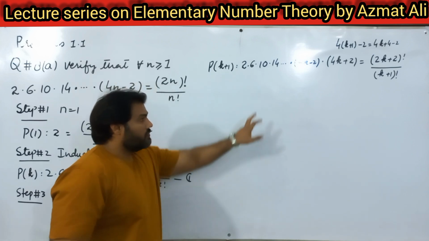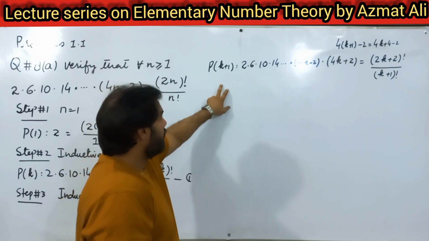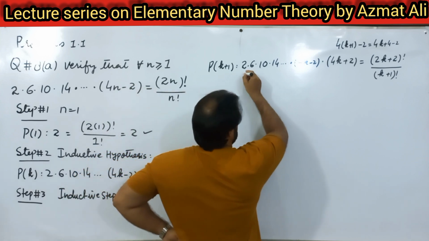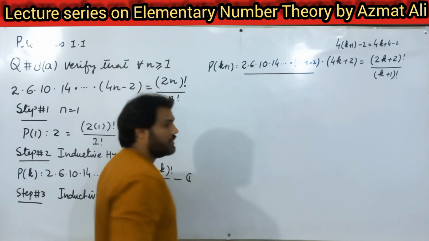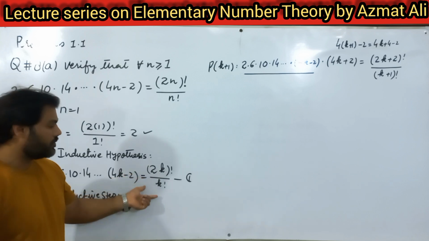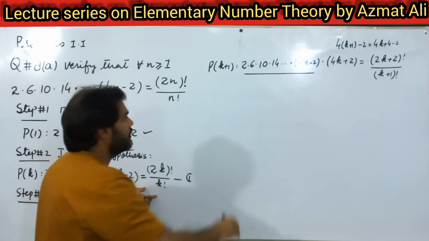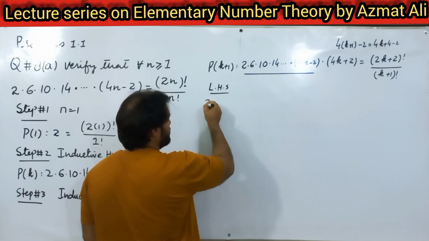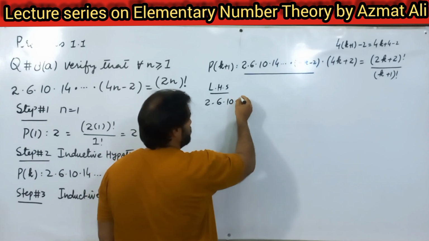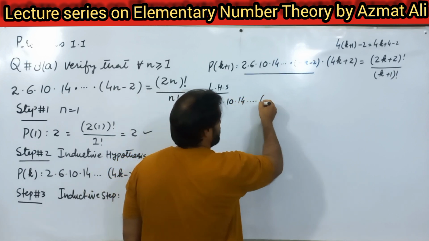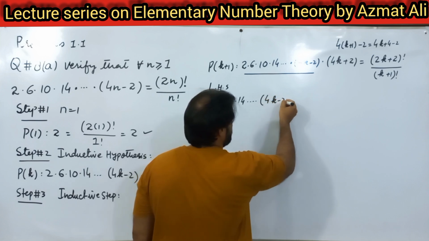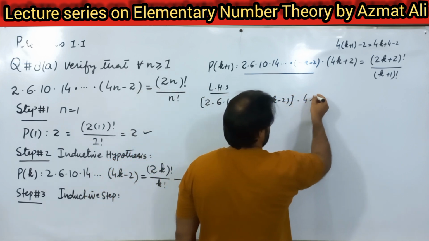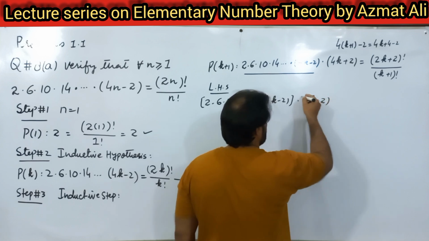So, to prove this statement, I take the left side of this expression and replace this product is equal to 2k factorial over k factorial. Consider the left hand side. This is 2 into 6 into 10 into 14 up to so on 4k minus 2 into 4k plus 2.